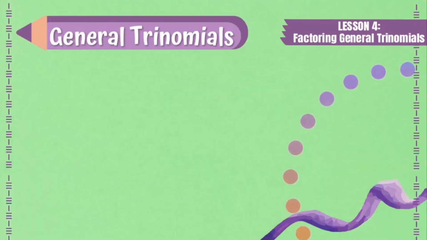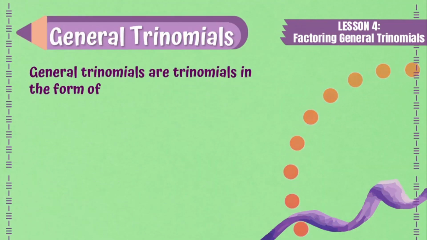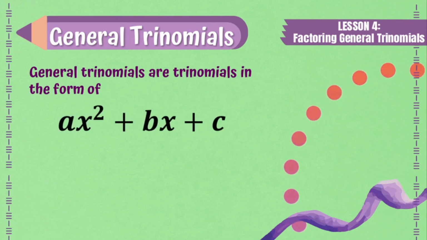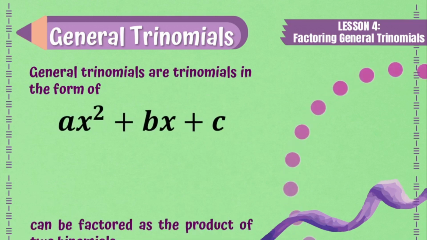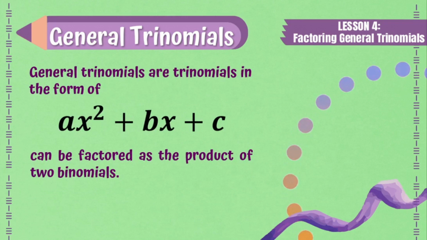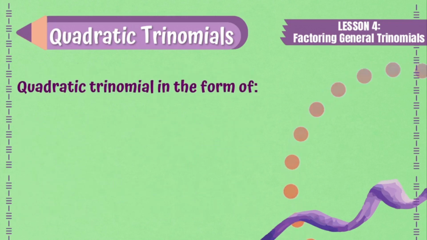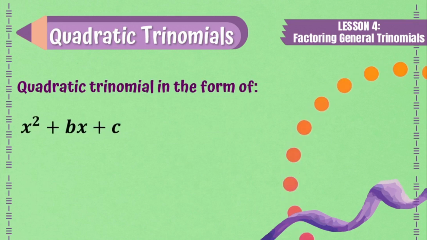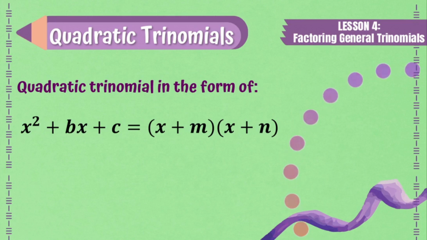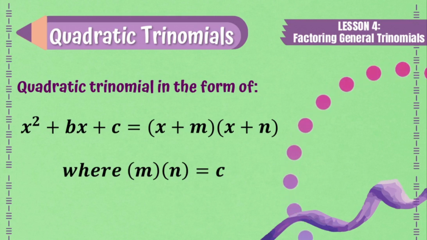General trinomials are in the form of ax squared plus bx plus c and can be factored as the product of two binomials. Quadratic trinomials are in the form of x squared plus bx plus c, which is equal to quantity x plus m times quantity x plus n, where m times n is equal to c and m plus n is equal to b.